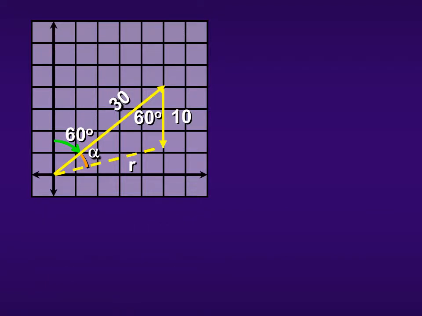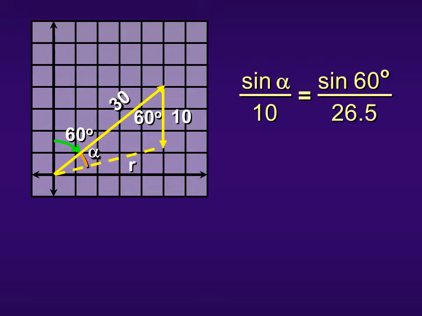So now what about our bearing? Well, now we can use sine of alpha. Here, sine of alpha over 10 is sine of 60 over 26.5, which is what we had calculated.